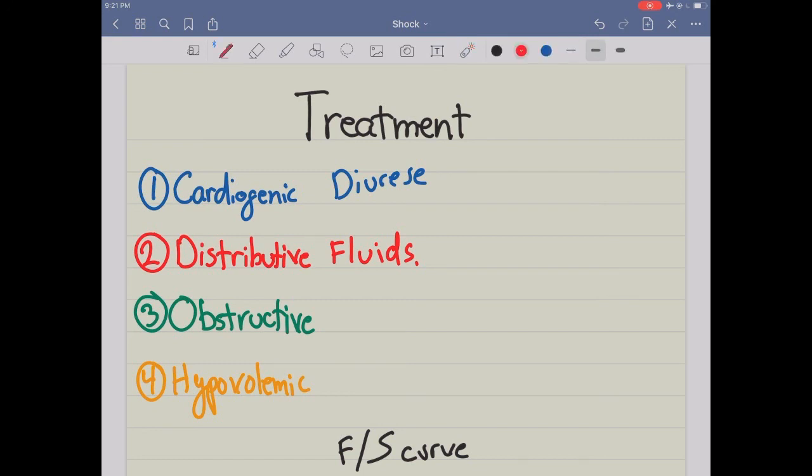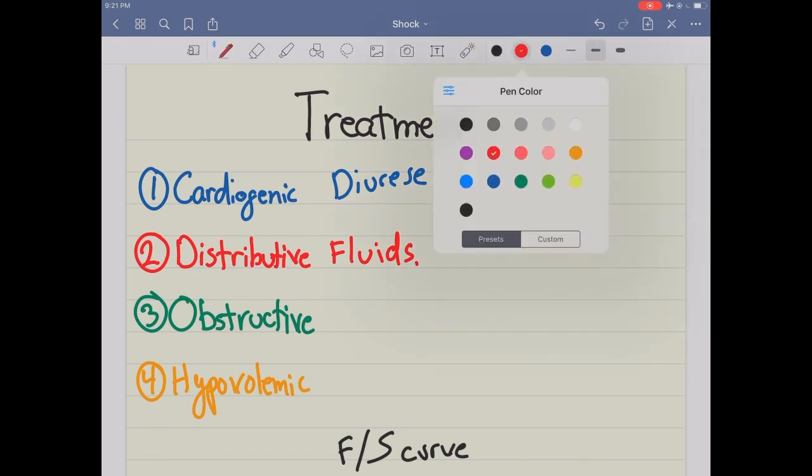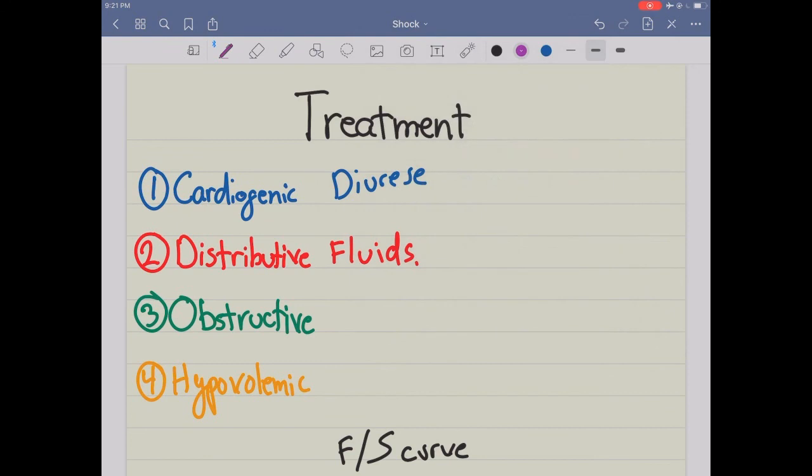One thing I want to mention here, and I'm going to write this in purple as a last point, are things like inotropes or pressors. These are nothing but band-aids. They are useful, however, they are not going to fix the problem.